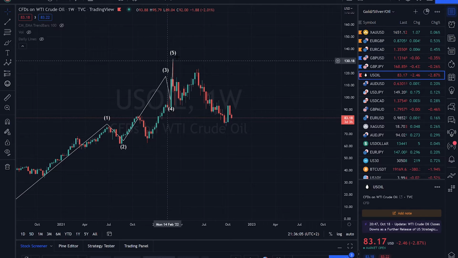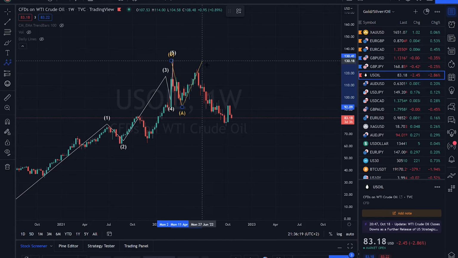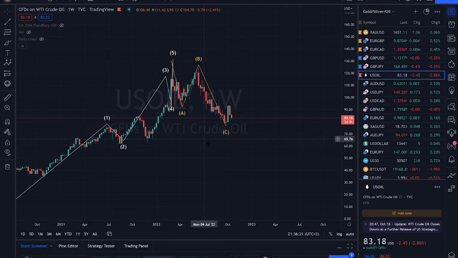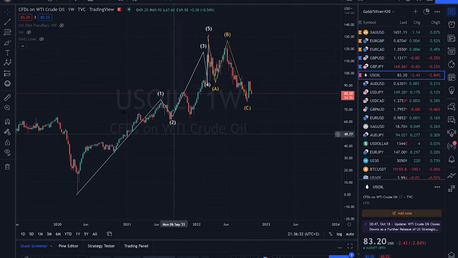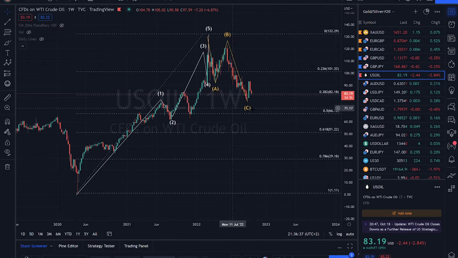So we have our 5 wave count here, which means that we have the correction, which is an ABC correction, A, B, C. Now, before we move on, something quite significant here, which tells us about the strength of the uptrend, is firstly, let's put our Fibonacci level on to see where this has actually pulled back to, and you can see that it's pulled back to just the 38.2 Fibonacci level.